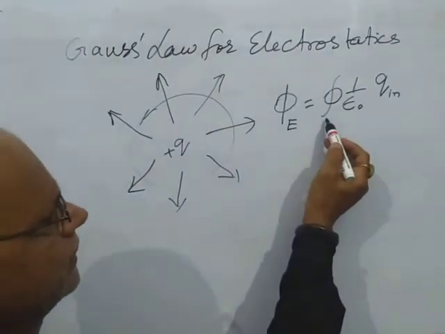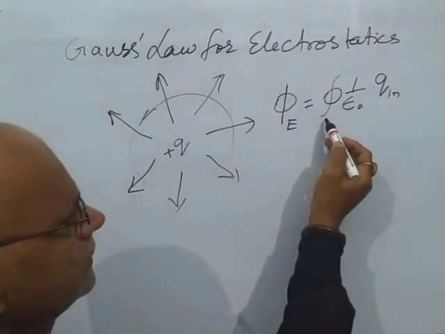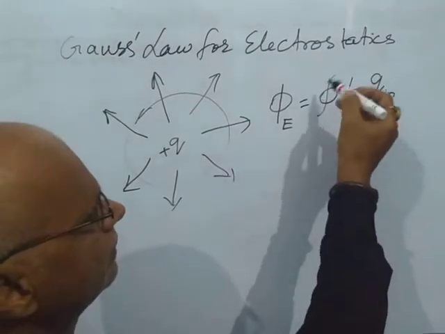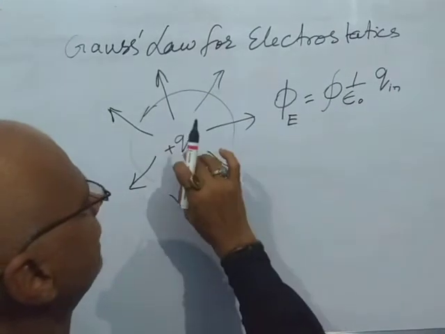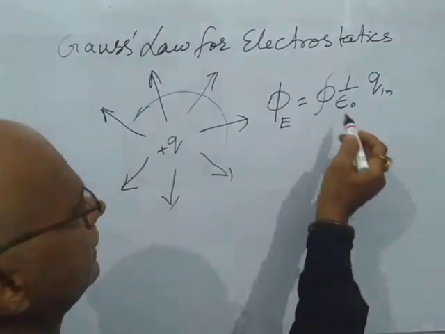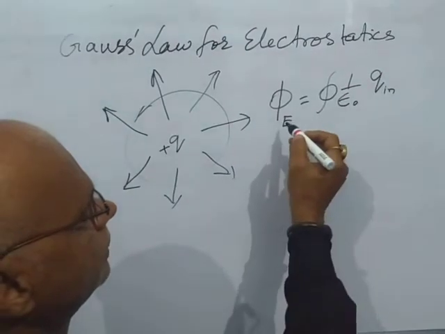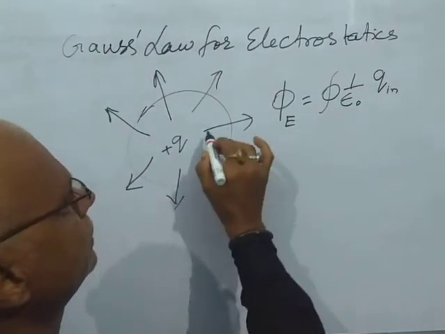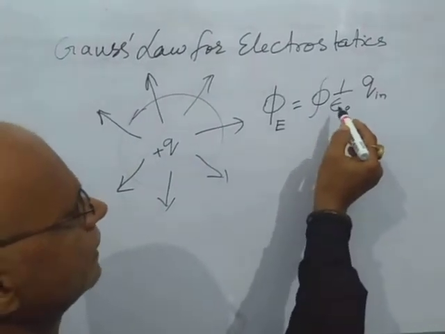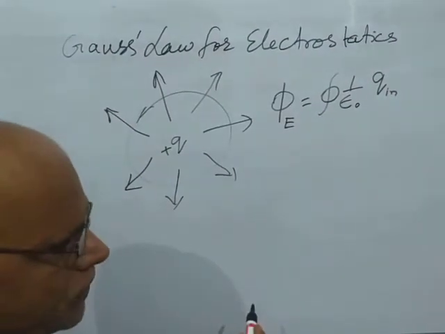This is the integral symbol, which means we add up all the flux going out of the surface, and the total electric flux passing out through this enclosed surface will be given by 1 by epsilon times the charge enclosed.